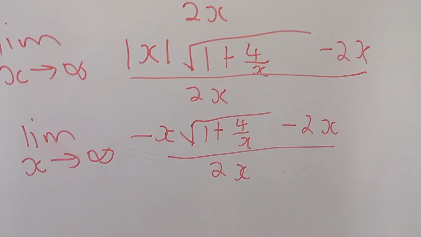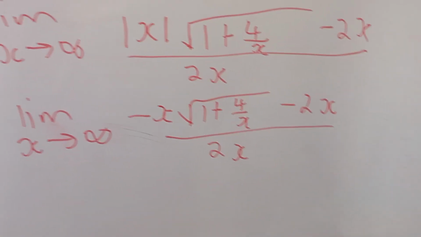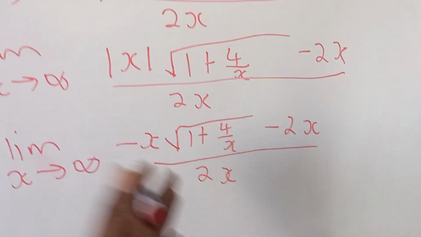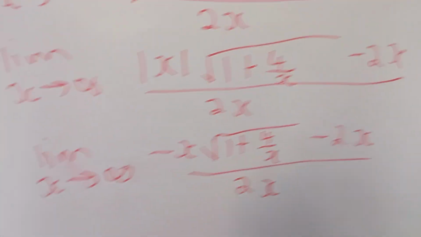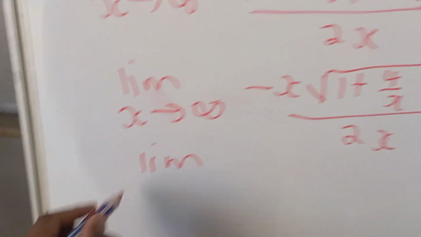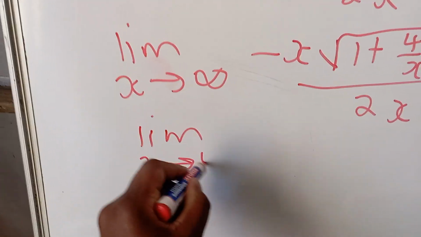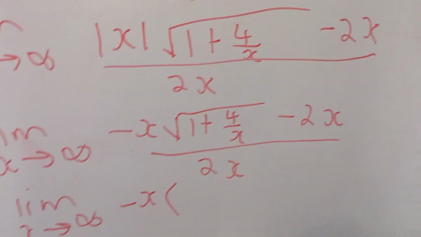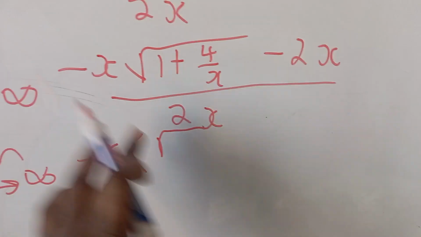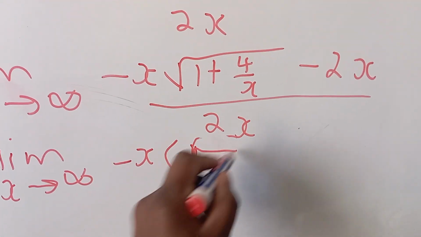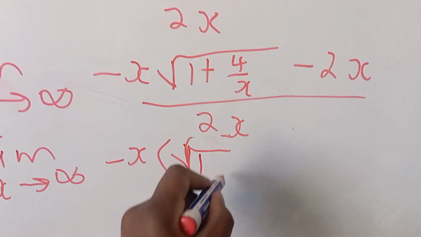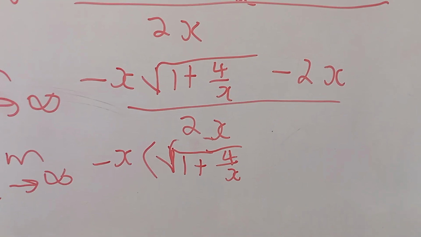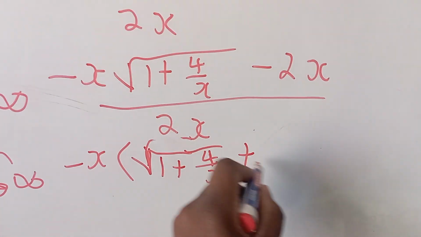After that, we're going to have again the limit as x approaches infinity. Then we're going to factor out negative x on the top part. So the limit as x approaches infinity, it's going to be negative x, then inside the brackets, we're going to have the square root of 1 plus 4 over x, then after that, plus 2.